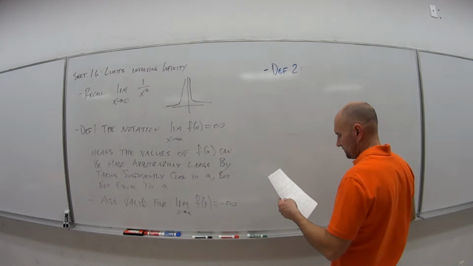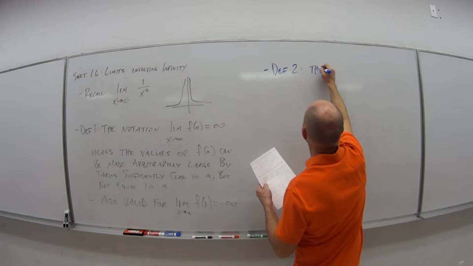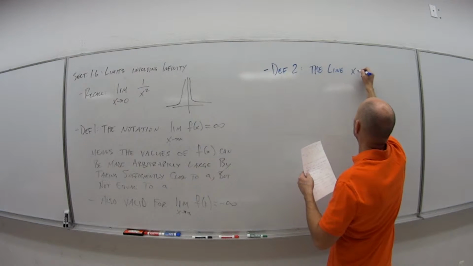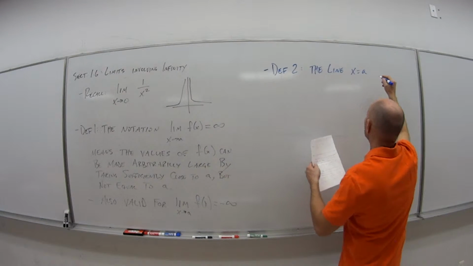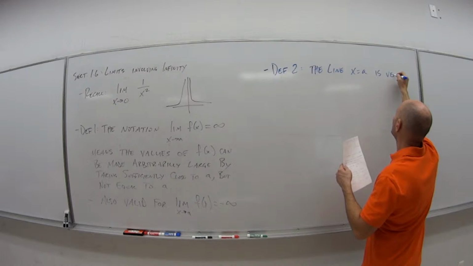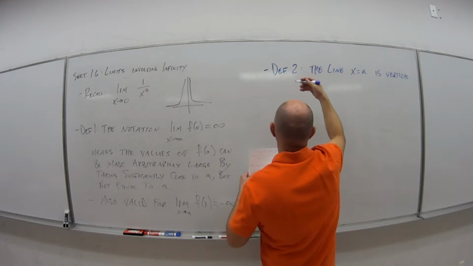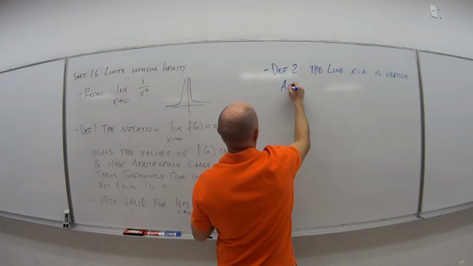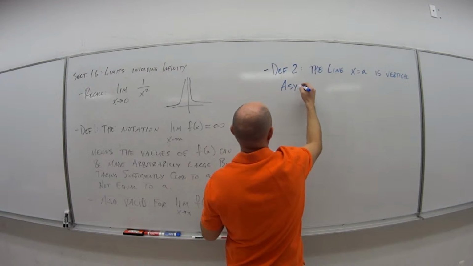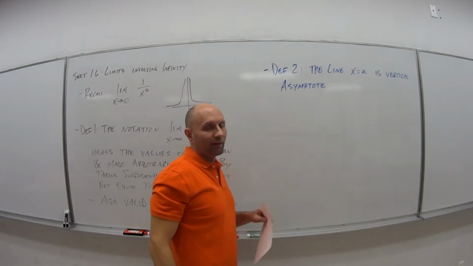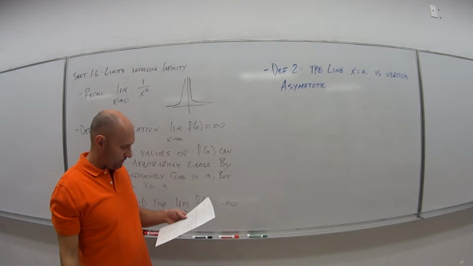Another definition. The line x equals a is a vertical asymptote. If you did come from Math 126 and or 7, we talked about asymptotes a lot, horizontal or vertical.